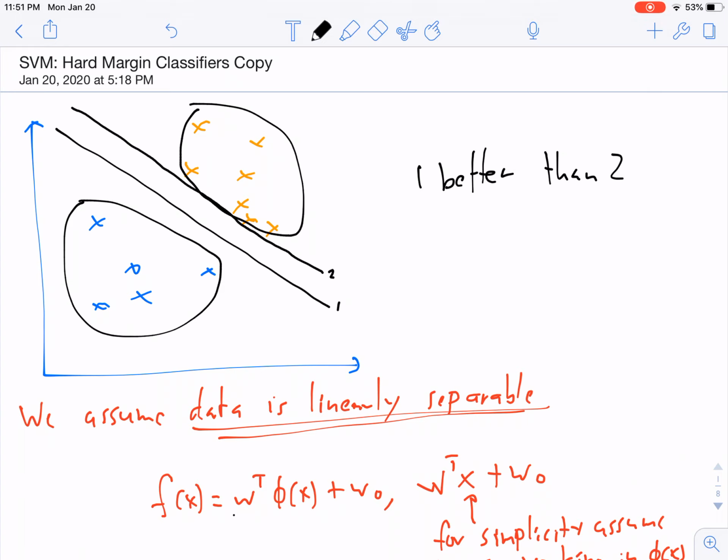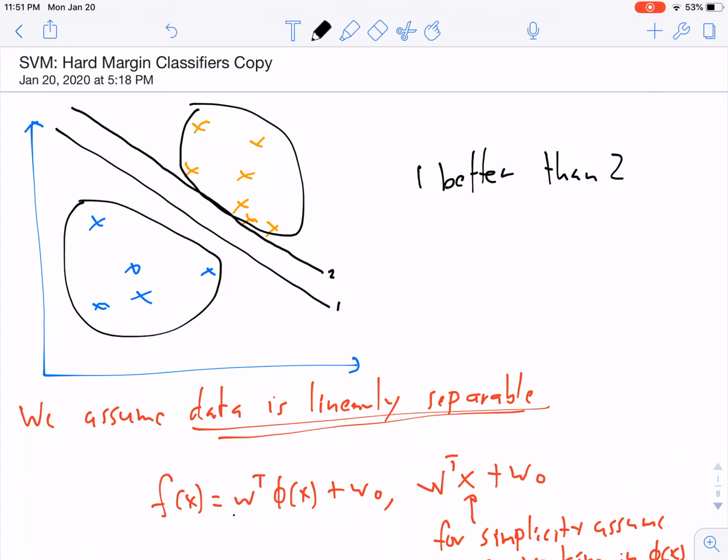Well, this person is also probably going to be in the orange category, but since line 2 has such a slim margin on that side, it may misclassify that point. So in particular, we want a model that might be able to draw decision boundaries that are a little bit more fair, that maximize the minimum distance over all the points between that point and the decision boundary.